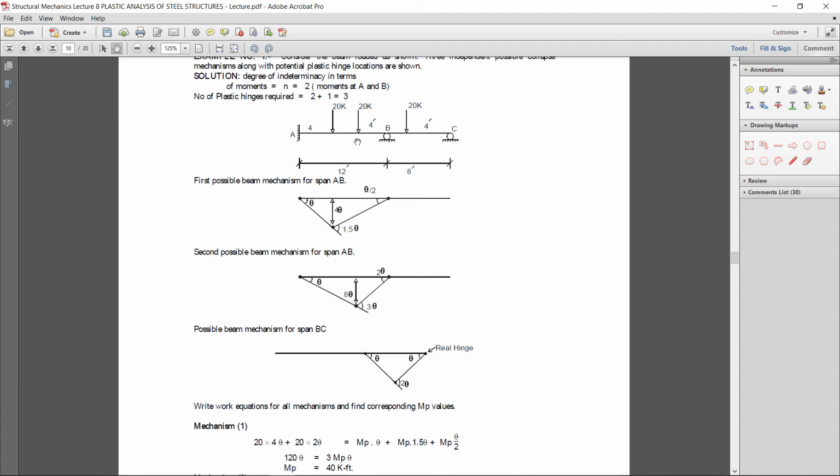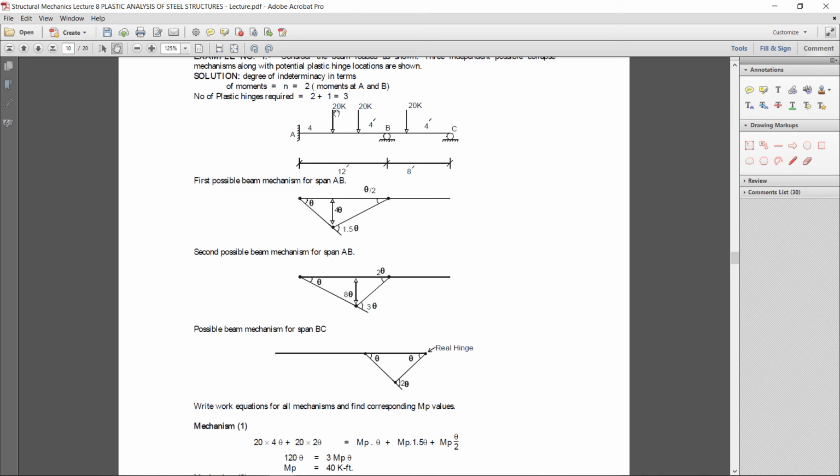Okay, I am discussing currently only the first mechanism. Now in the external work done for this beam, there are two loads.